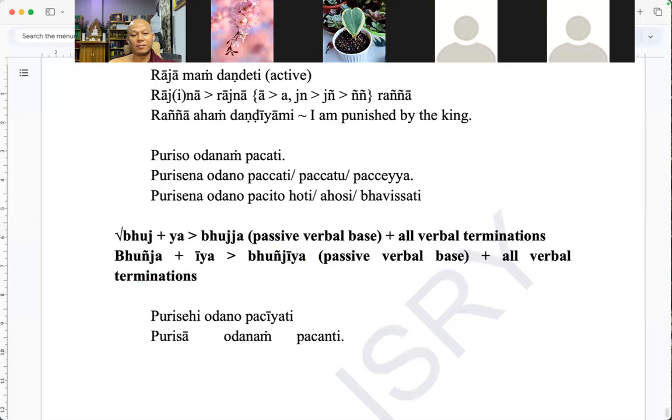For the rules or principles when we change from active to passive, with some changing of the vowels or consonants, even though Bante already guided us with groups of consonants and the way we change them, in fact there are still so many.